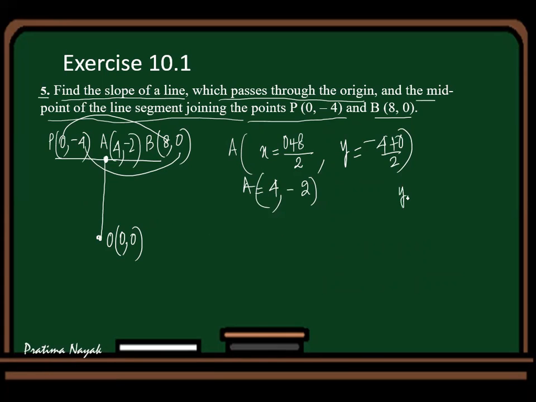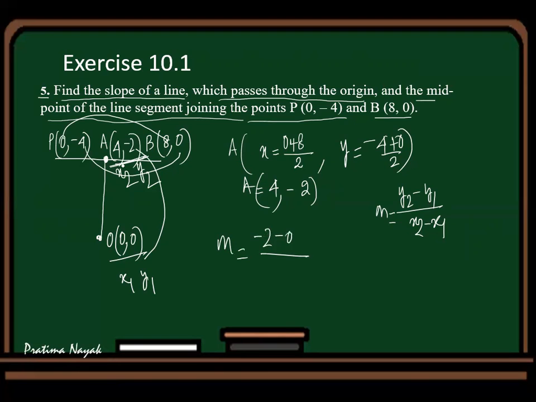Slope is (y2 minus y1) upon (x2 minus x1). So m is equal to (minus 2 minus 0) upon (4 minus 0). It will be minus 2 by 4, or m is equal to minus half. Answer.